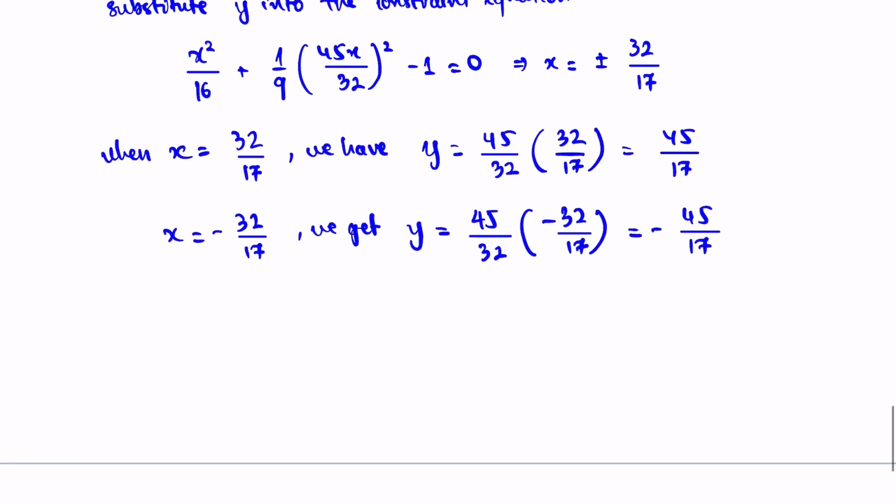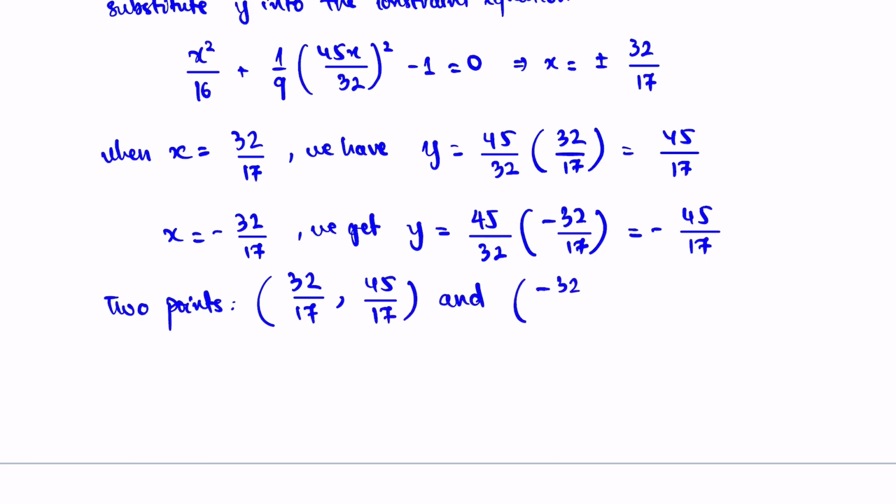So you have 2 points that you need to consider. The first point is 32 over 17, comma 45 over 17. The second point is negative 32 over 17, comma negative 45 over 17.